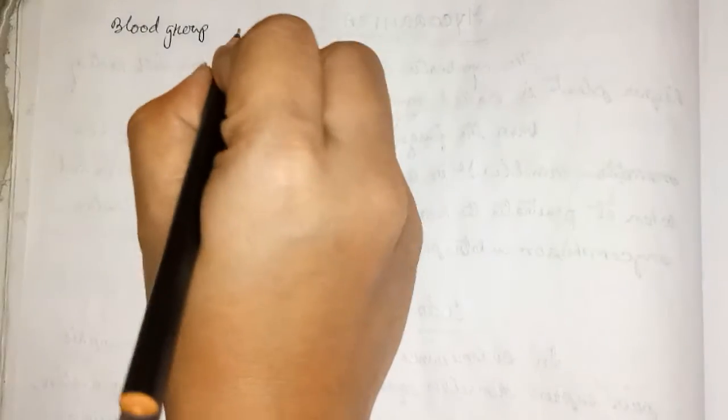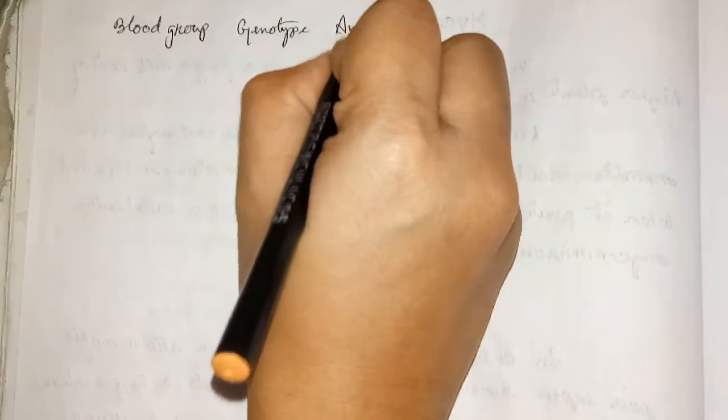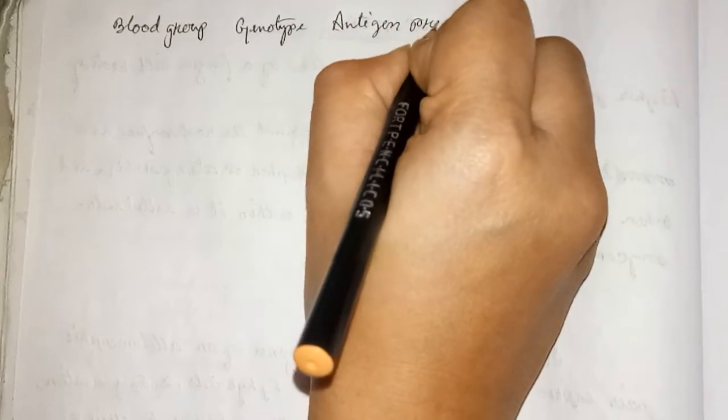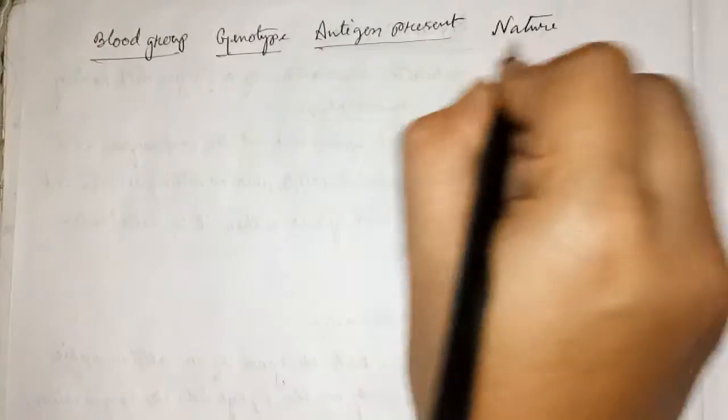Now blood group, genotype, antigen present, and nature.